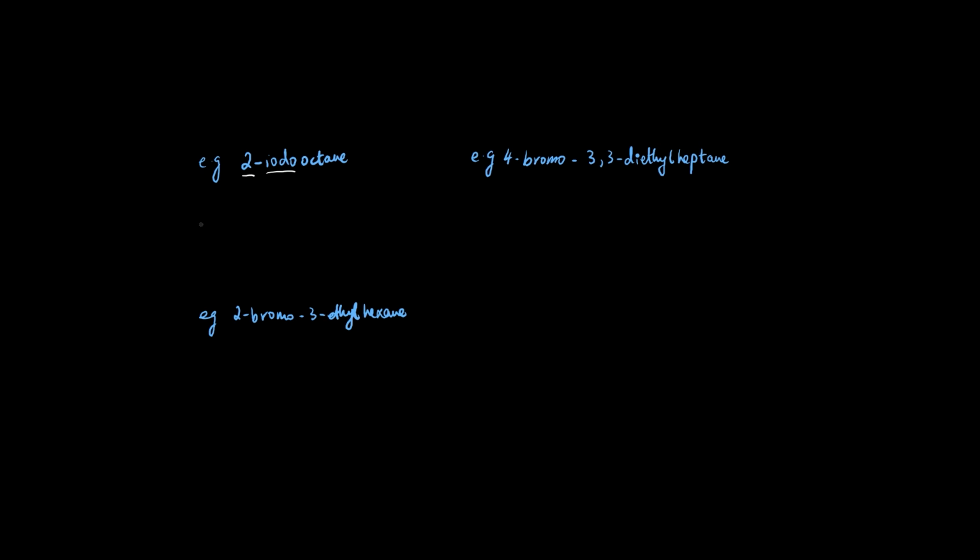So now let's put it. Let's put 8 carbons, and the second carbon, either from the left or the right side, I'll draw it from the right side, must have an iodine.